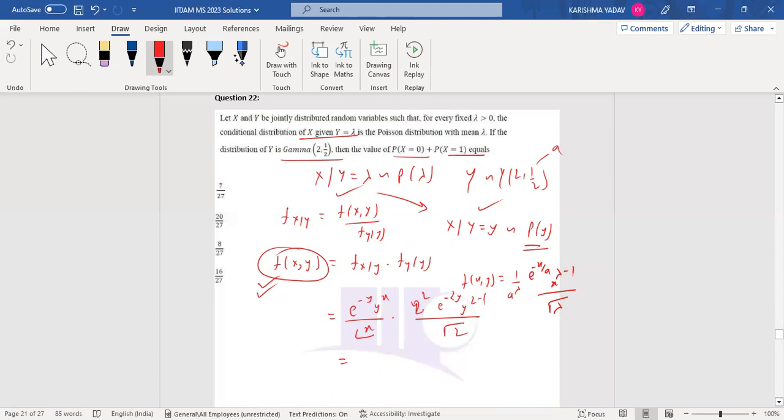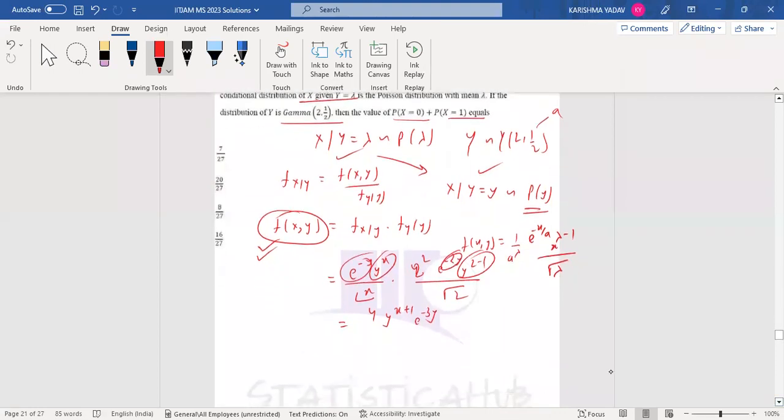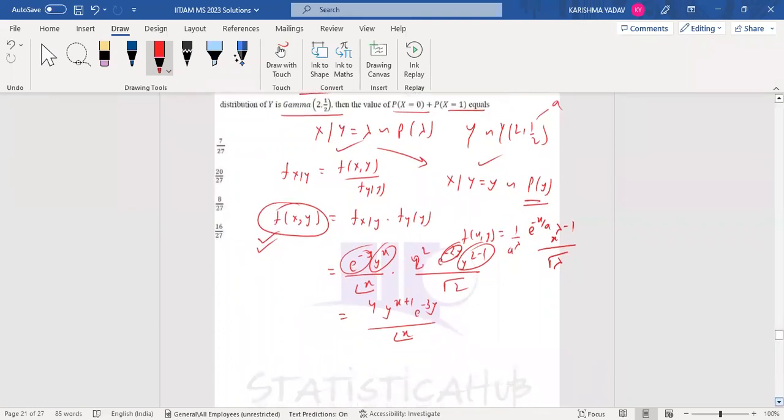And 2 to the power 2 is equal to 4. That is 4 y to the power x plus 1, e to the power minus 3y upon factorial x, by adding these powers. And gamma 2 will be 1.